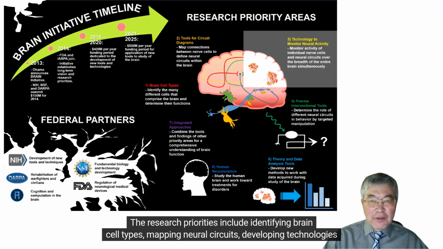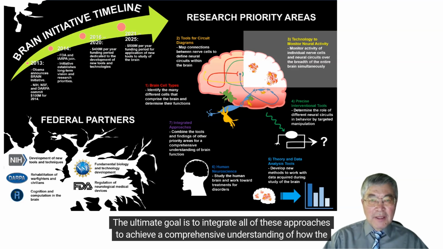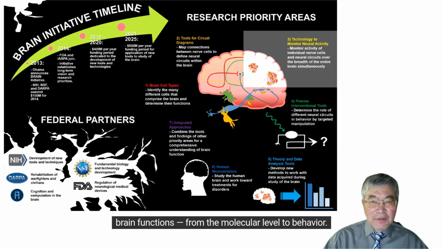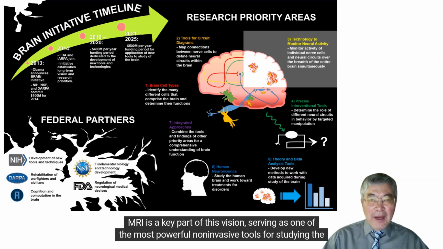The research priorities include identifying brain cell types, mapping neural circuits, developing technologies to monitor brain activity, and creating precise intervention tools. The ultimate goal is to integrate all of these approaches to achieve a comprehensive understanding of how the brain functions, from the molecular level to behavior. MRI is a key part of this vision, serving as one of the most powerful, non-invasive tools for studying the human brain.